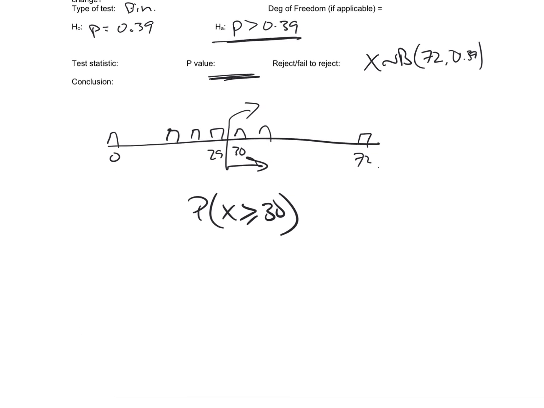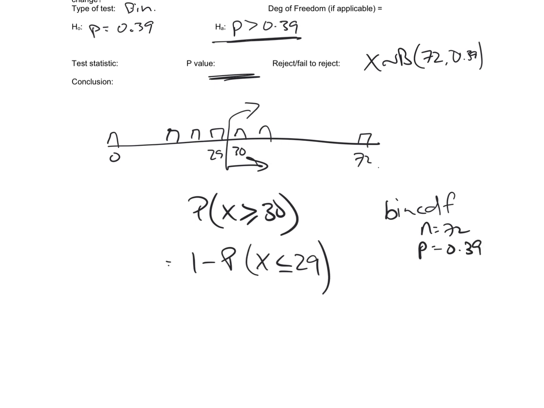But our calculators don't do that very well, so I'm going to have to go 1 minus the probability that X is less than or equal to 29. In your calculator, you're doing binomial CDF, where n is 72, p is 0.39, and x is 29, so it's 1 minus that value.